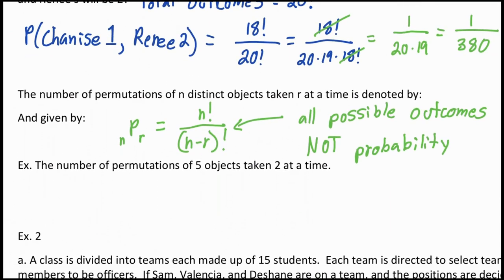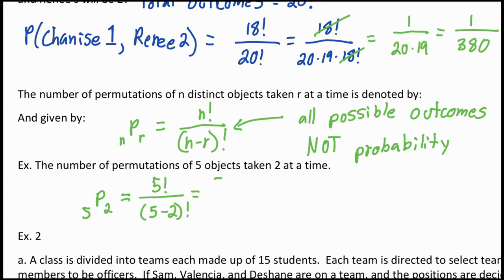So when I say the number of permutations of 5 objects taken 2 at a time, again, I have 5 objects and I'm taking 2. So that's how we would write it. So we'd solve this by saying, okay, n factorial, which is 5, over n minus r, 5 minus 2 factorial.